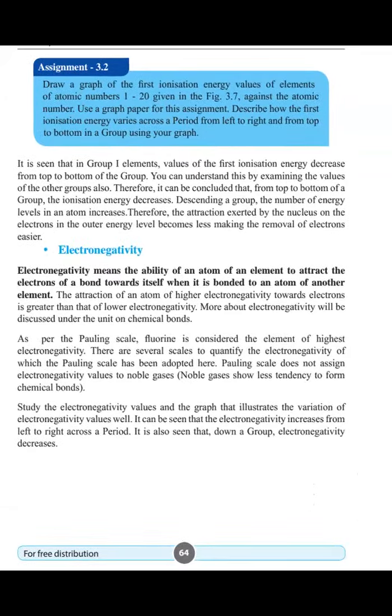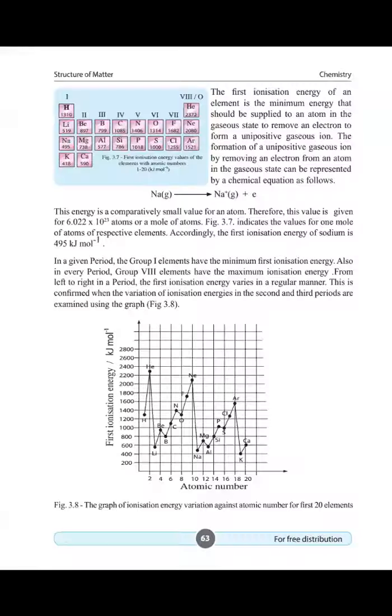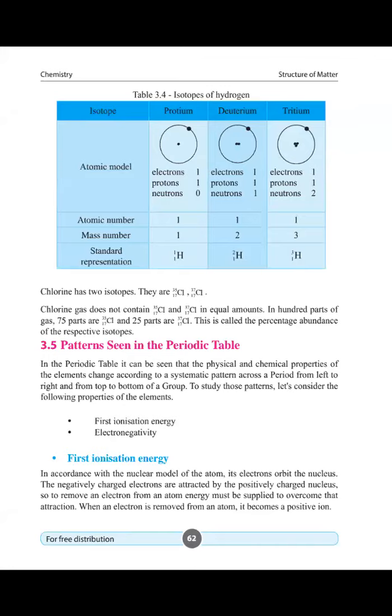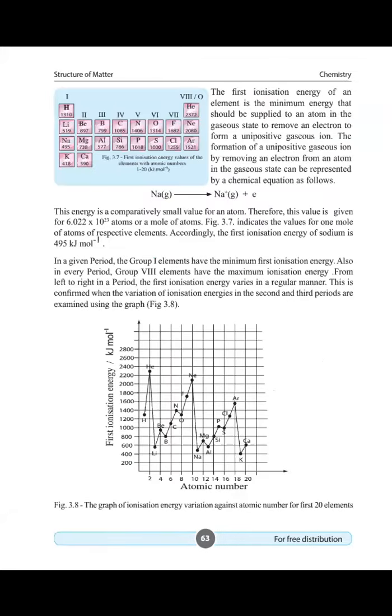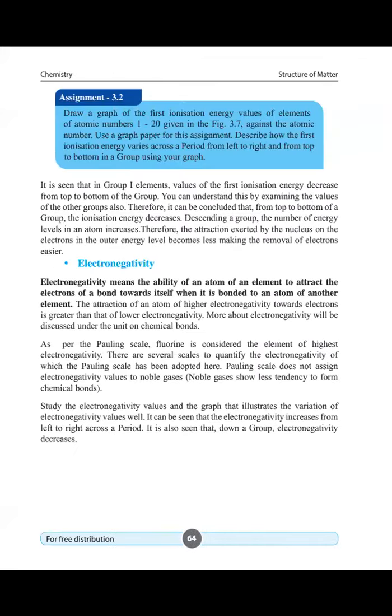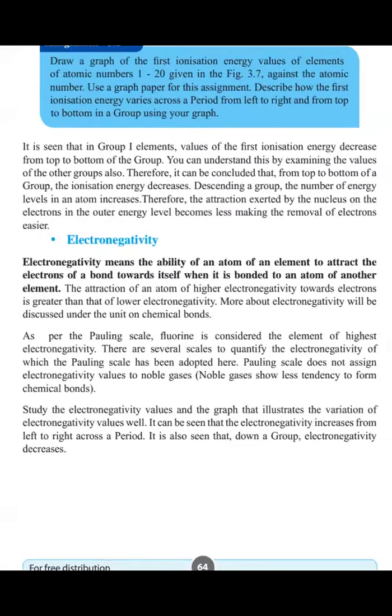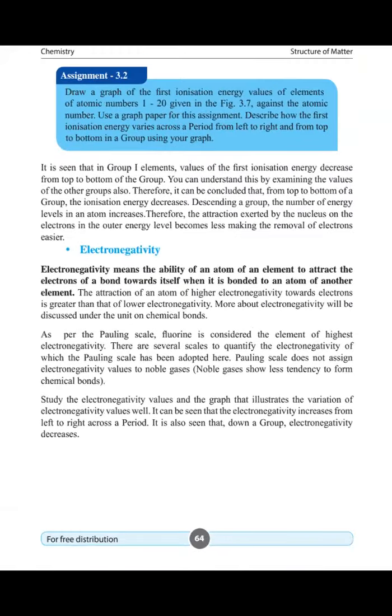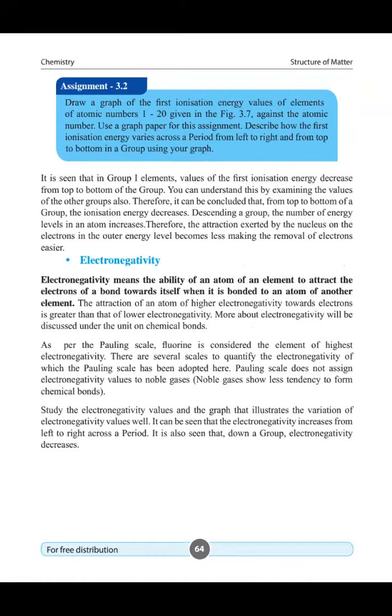Then the other property that you should know is electronegativity. Electronegativity means the ability of an atom, of an element, to attract the electrons of a bond towards itself when it is bonded to an atom of another element.